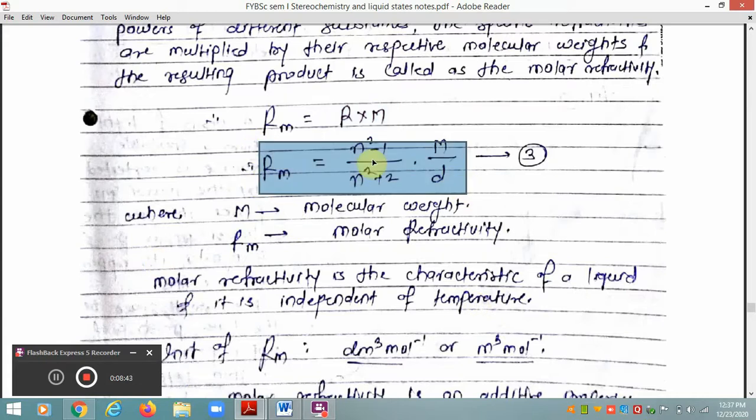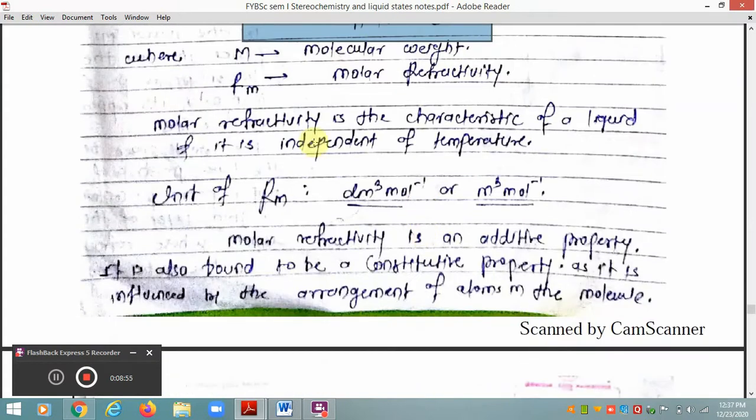That's why molar refractivity Rm is given by the equation (n square minus 1) divided by (n square plus 2) into M upon d. M is the molecular weight and Rm is the molar refractivity. Molar refractivity is a characteristic of the given liquid, and it is independent of temperature. It's very important.